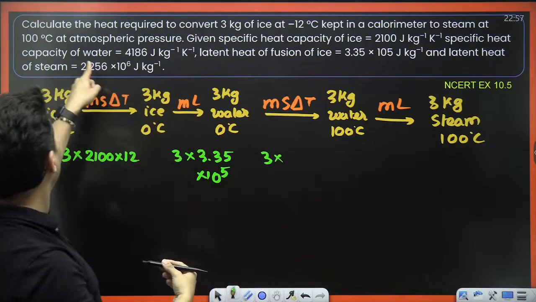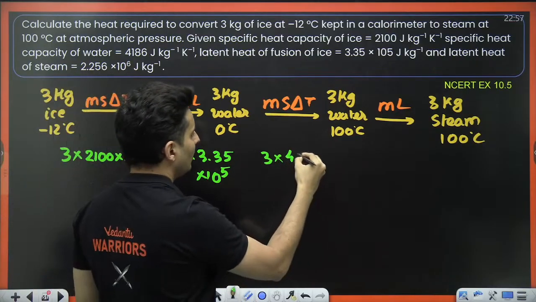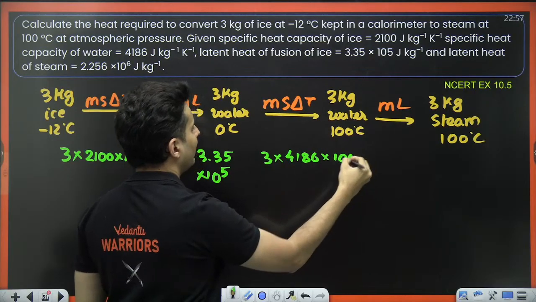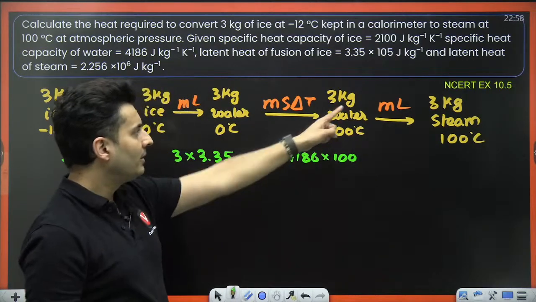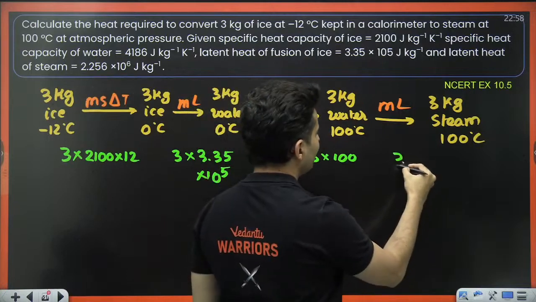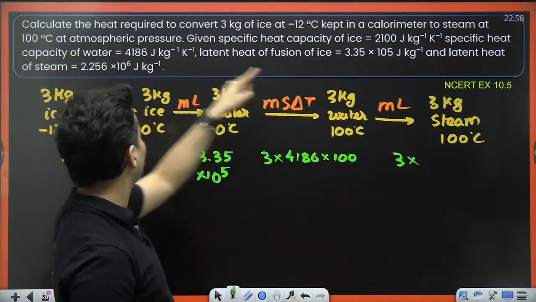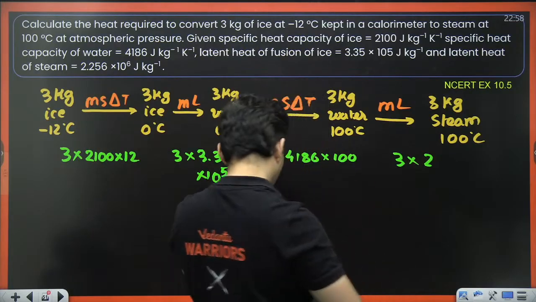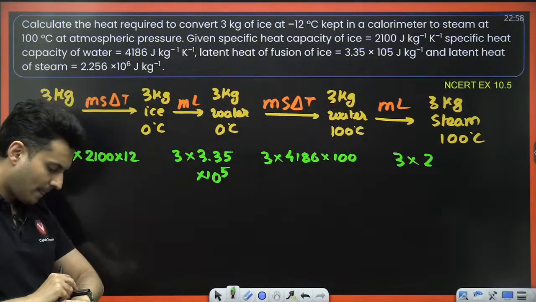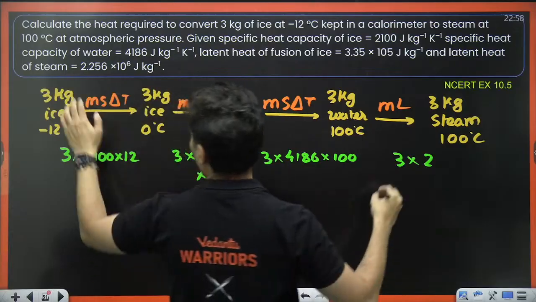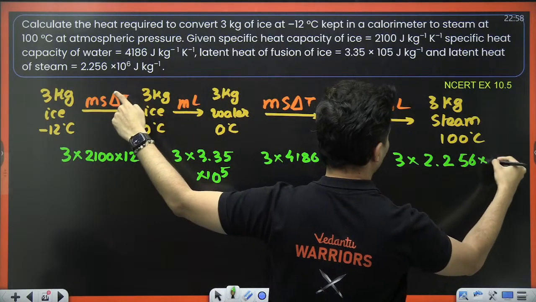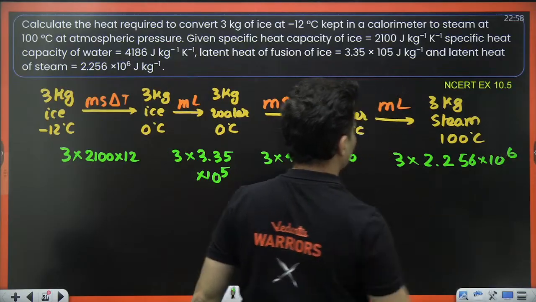S, specific heat capacity of water 4186, into delta T. 100 minus 0 is just 100. Lastly, ml. Mass is 3. Latent heat of vaporization of steam, that is 2.256 into 10 to the power 6.